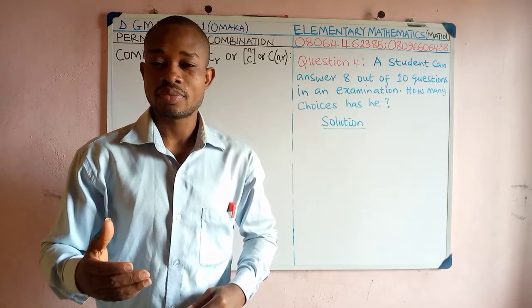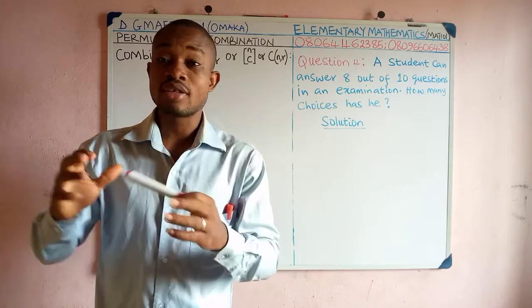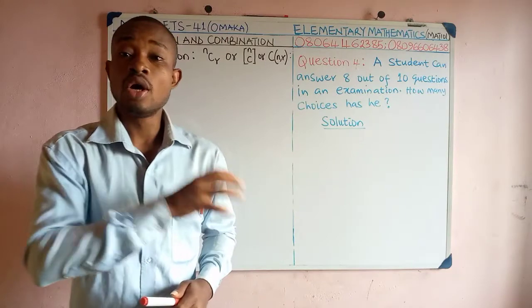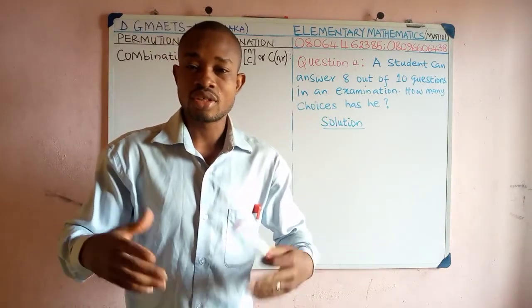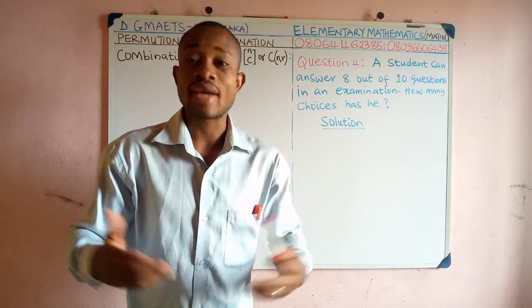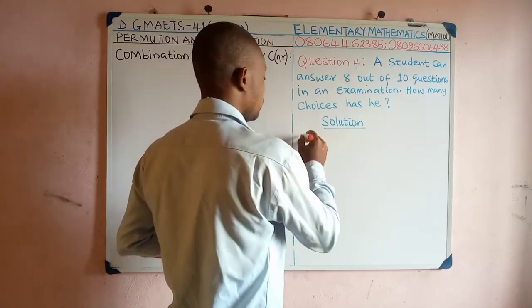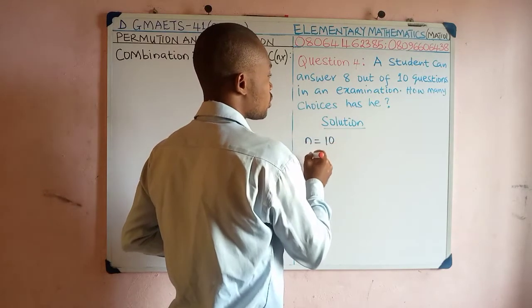So this is a combination problem because it deals with selecting a given number of questions out of a total of 10. Now there is no condition imposed on this problem, is that okay? So the student can select any one of the questions. Therefore, we're given that n is equal to 10, there are 10 questions.